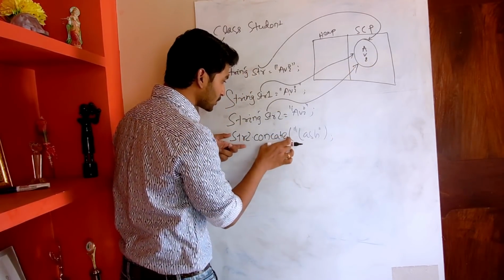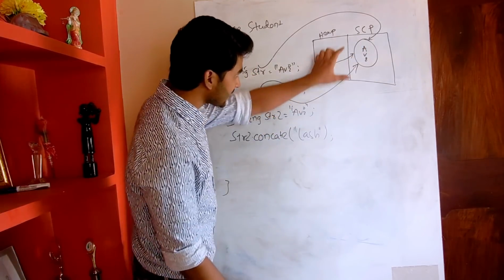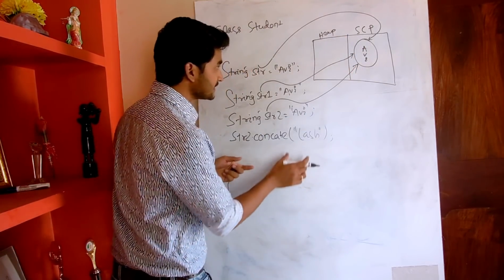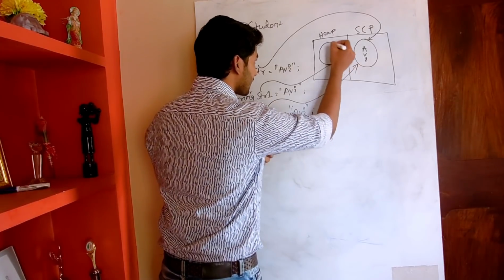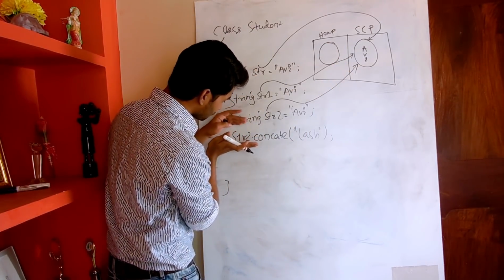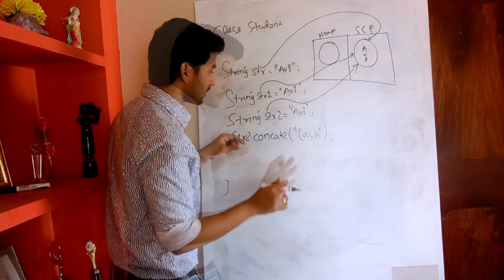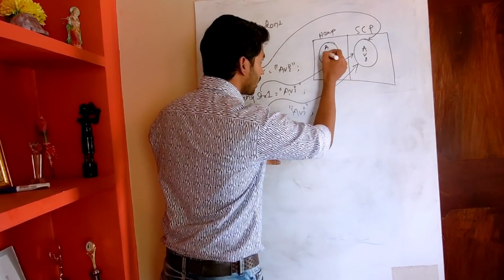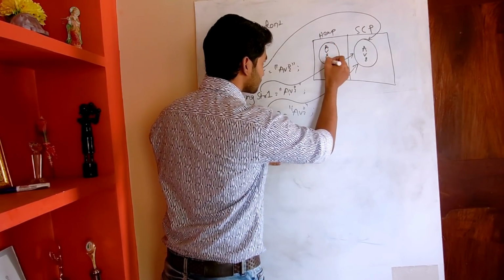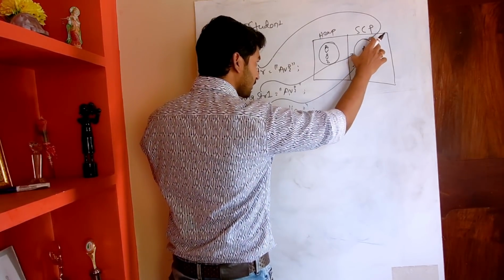So if I'm going to concat something, it is not going to affect this object which is already there inside the string constant pool. Instead, it is going to create a new object inside your heap area because I'm doing some runtime operation. If I'm doing some runtime operation, an object will be created inside your heap area. So a new object will be created with the modified content of "last".